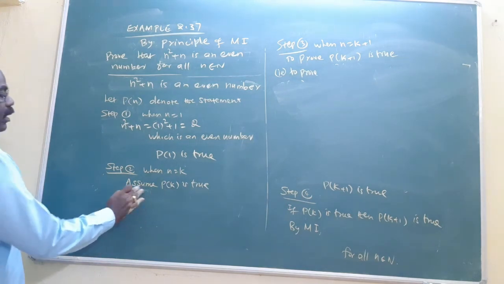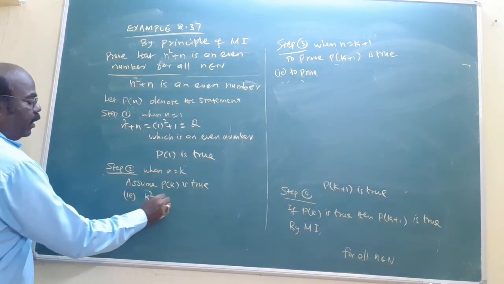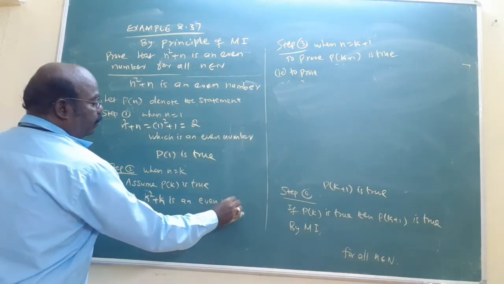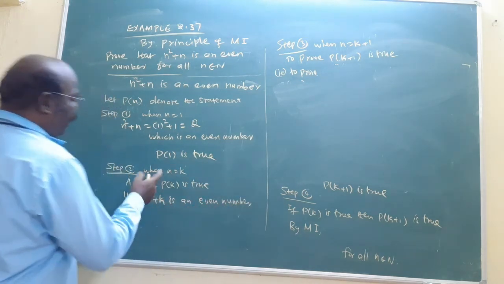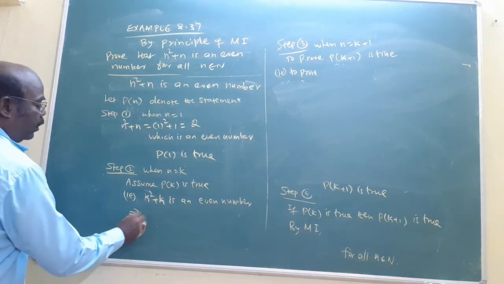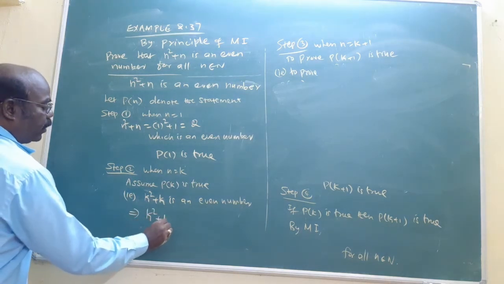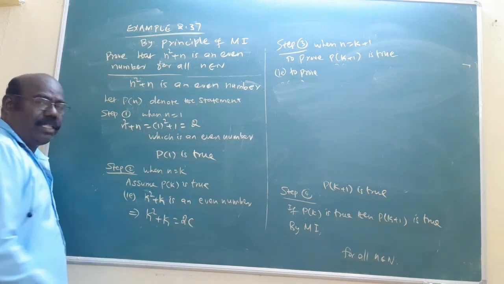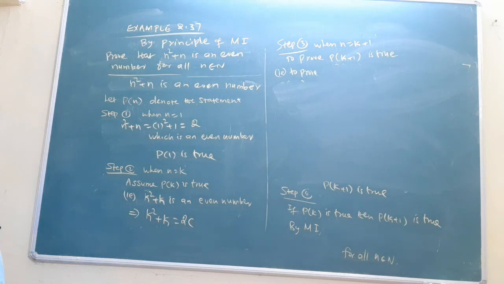Next, assume k square plus k is an even number. Replace n by k. Because the question says even number is given. Now what is the meaning of even number? k square plus k equal to a multiple of 2, that is 2c. That is an even number, no? 2 into c. Now this will be 1.